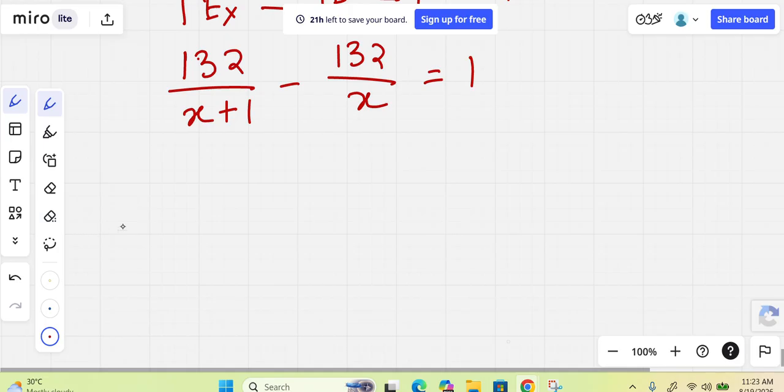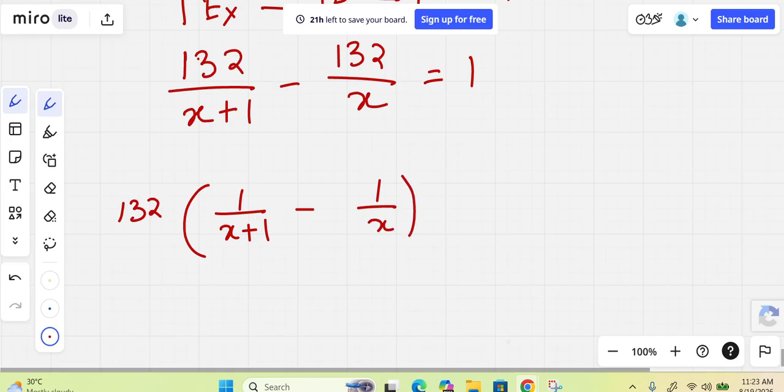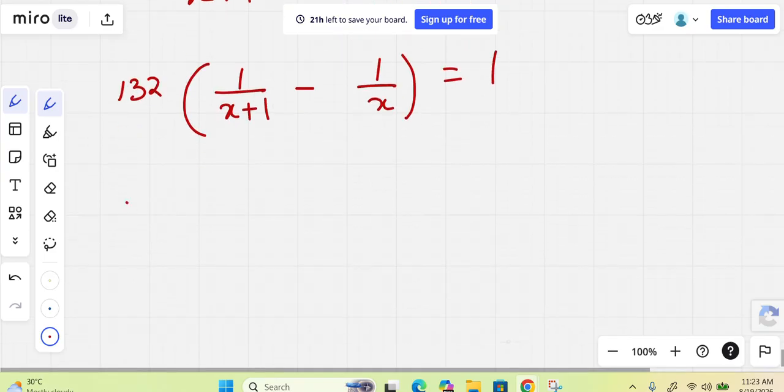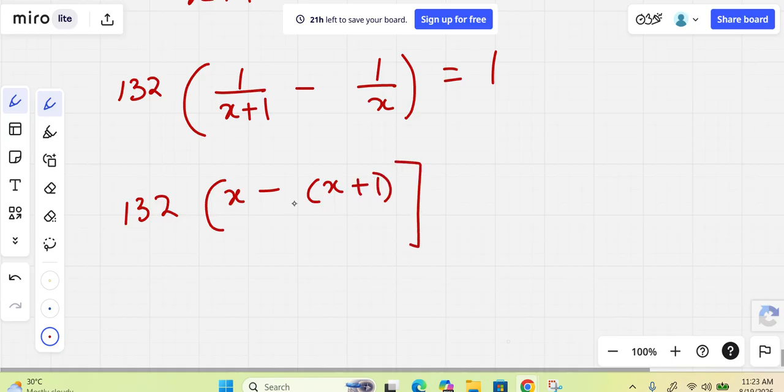Now what you will do? Take 132 common. So here we are getting 1 by x plus 1 minus 1 by x equal to 1. Can we take LCM here? So this is x minus x plus 1 in the bracket, correct? And down we are getting x into x plus 1 equal to 1. Now what will happen?